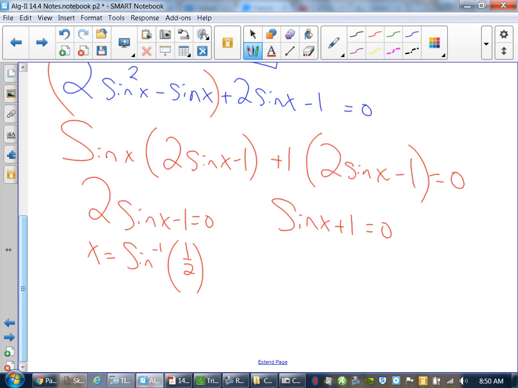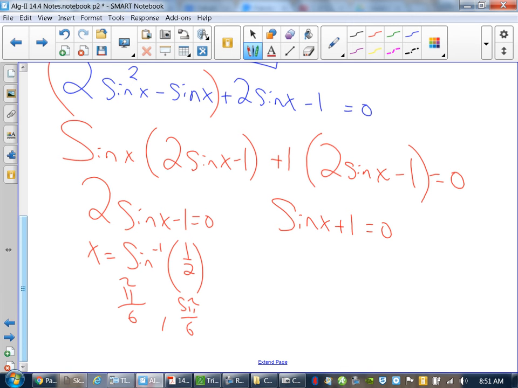So what angle has an opposite of 1 with a hypotenuse of 2? 30, very good. So that's going to be my pi over 6. In quadrant 2, reference angle of pi over 6 makes me 5 pi over 6, very good. I will come back in a second to talk about general solution after I solve the other one.